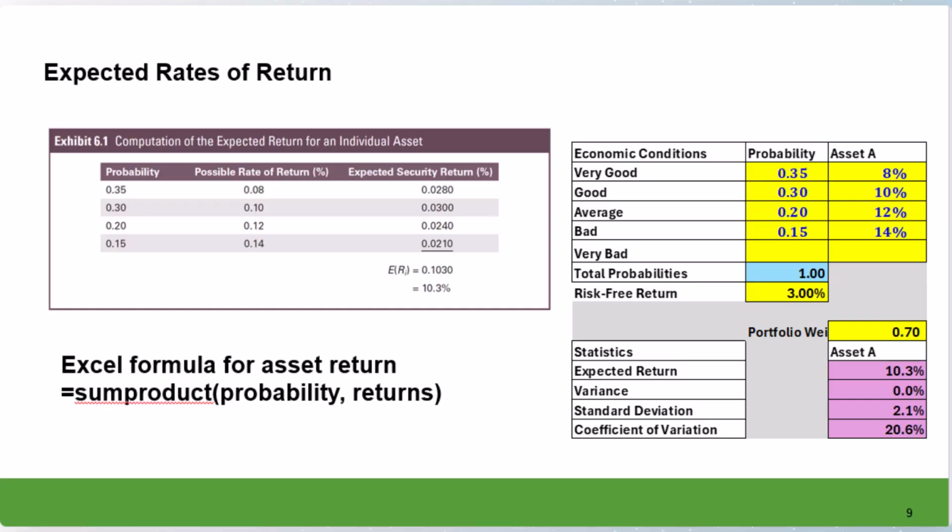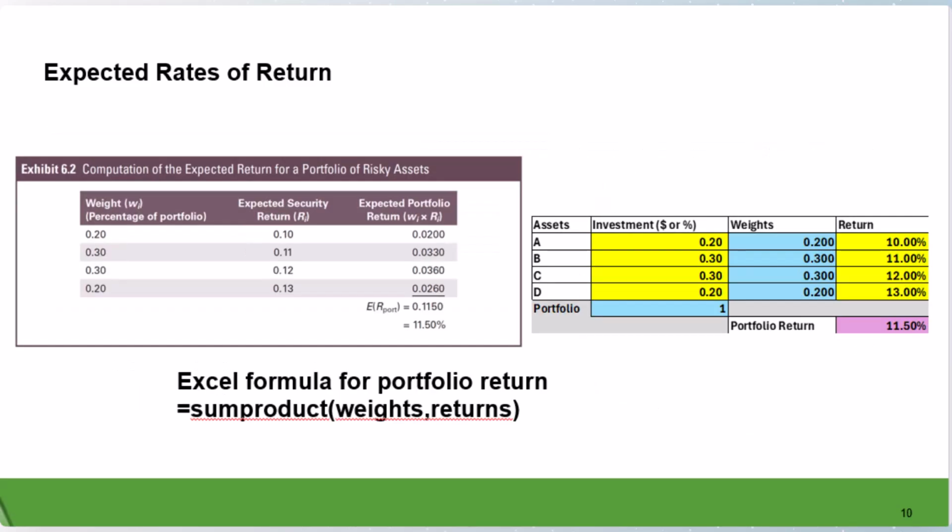This is where diversification, though, begins to matter. A portfolio's expected return is just a weighted average, but its risk is not. We can calculate the beta and returns. We'll talk about beta later.